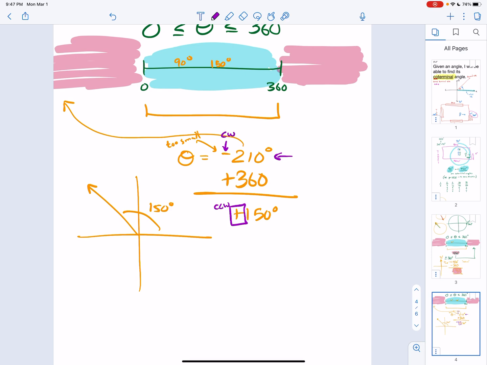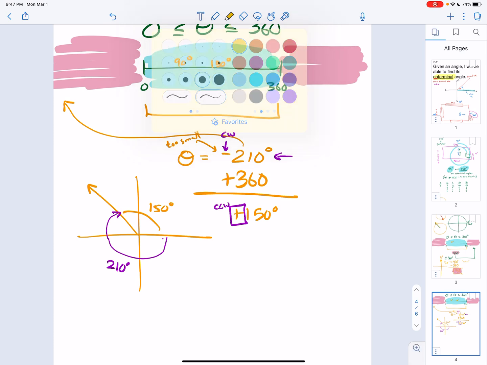If you're going clockwise 210 degrees, you're going 180 plus 30 more. So this right here is 210 degrees. But notice how we end up in the same terminal side.